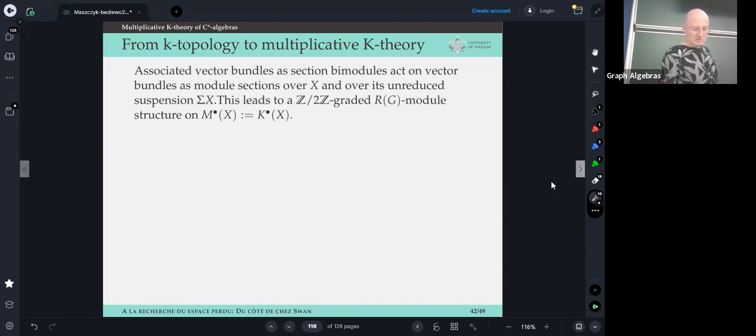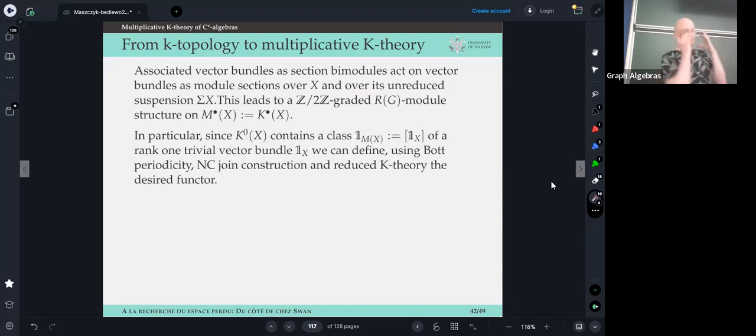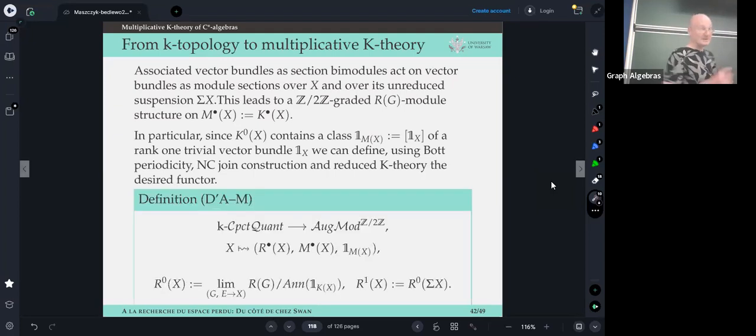So we are taking the abelian-valued K-theory as a module over these associated vector bundles. So this makes K-theory a module over the representation ring of a given group G for every G, applying some conditions.